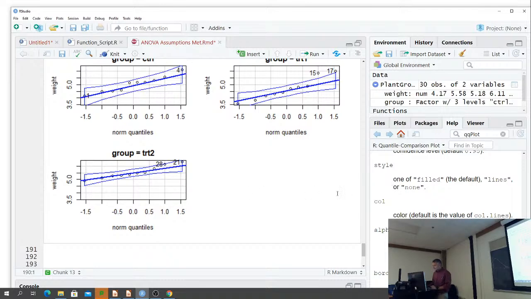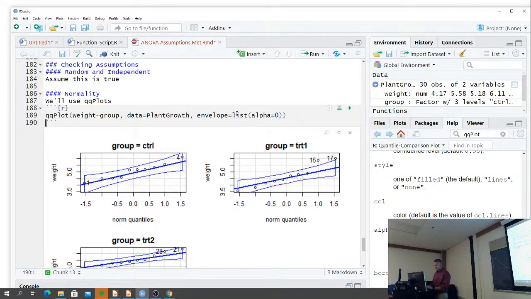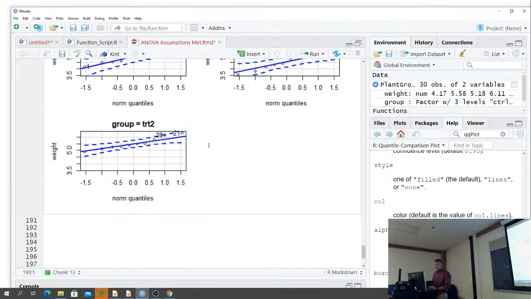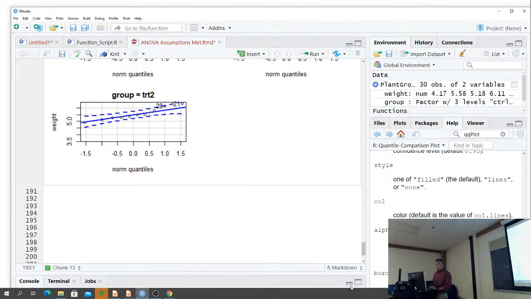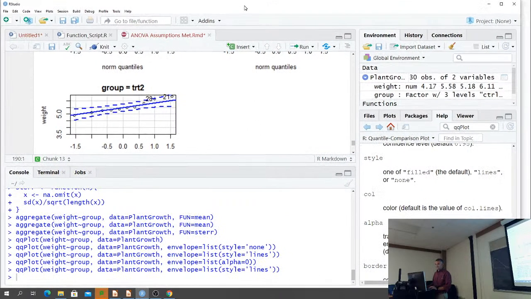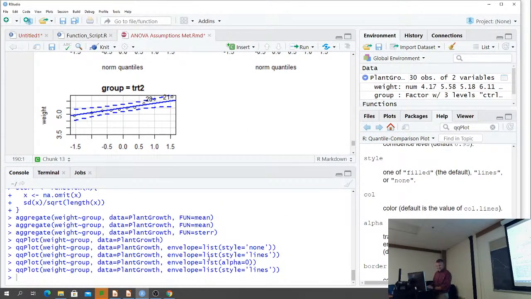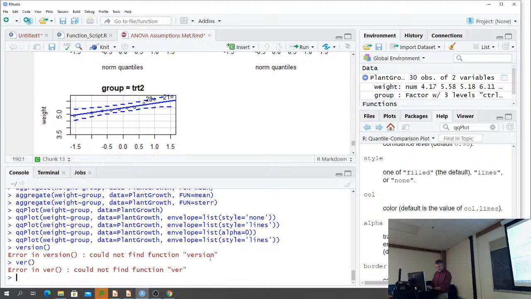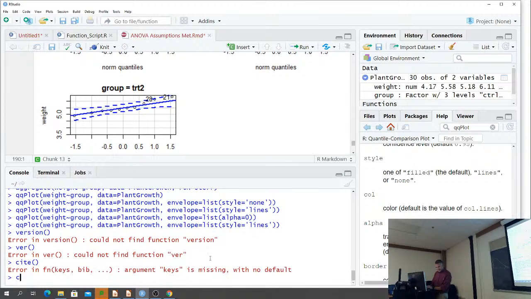Why is that the default? Filled is the default. Which version? Yeah, that's good. I don't know. You're probably running a slightly different version of R than what they have loaded on the rest. Let's check it. How do we check that? Whenever you start up, it'll say the version at the top of the console. So if you scroll all the way up to the top of the console.